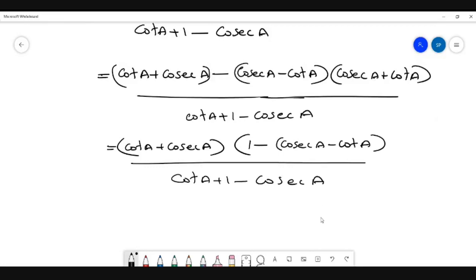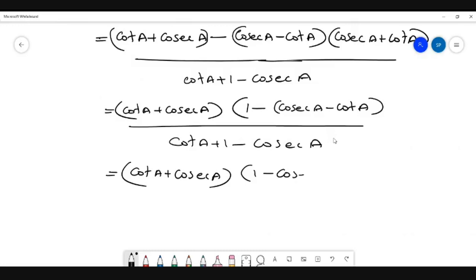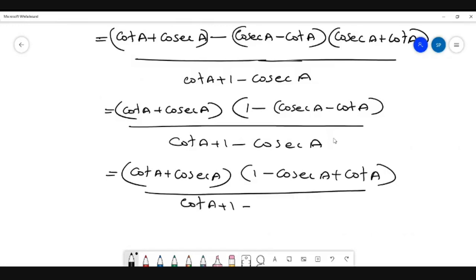Now I can remove the bracket here. We have cot A plus cosec A into, here remove the bracket, 1 minus cosec A, minus of minus it becomes plus cot A, divided by cot A plus 1 minus cosec A. Now you can see this bracket and this expression are same. 1 is there, minus cosec A plus cot A. All these terms are here also.